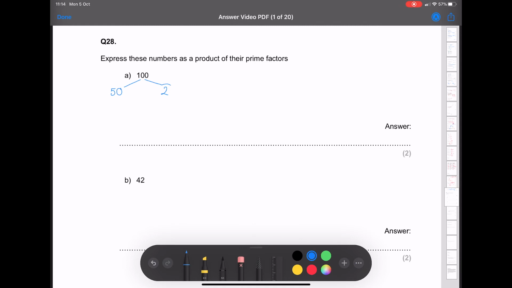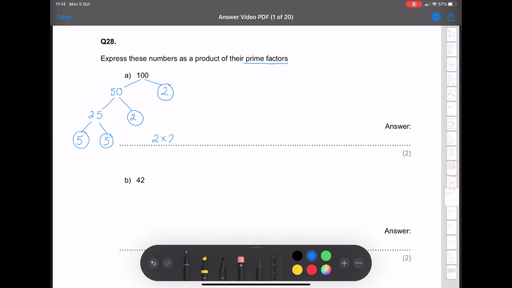So 50 times 2 is 100. So 2 is a prime number. So I'm going to leave that there because that's actually what we're doing. 50 can be split into 25 and 2, another prime number. Okay, so 25 times 2 is 50. And then finally 25, or 5 times 5 is 25. So there's all my prime numbers.